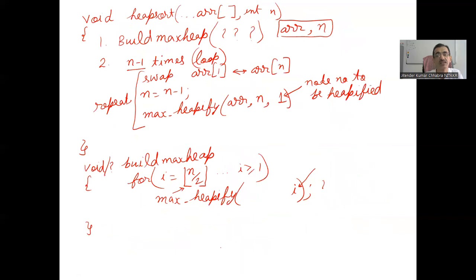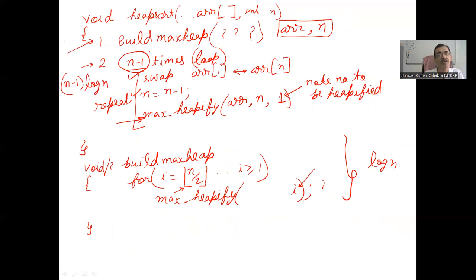Now, knowing this, you can easily see that with this logic the time complexity is log n. This I am saying to repeat n minus 1 times. So this time complexity becomes n minus 1 into a unit step, and max heapify is n minus 1 times log n.